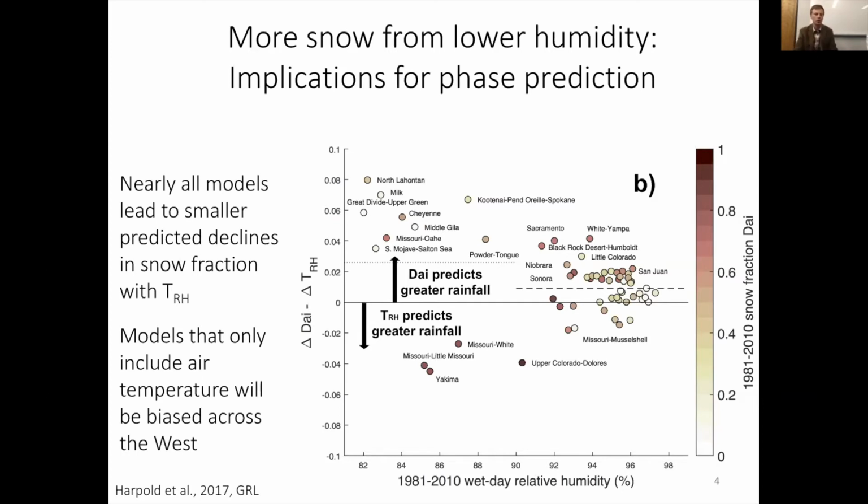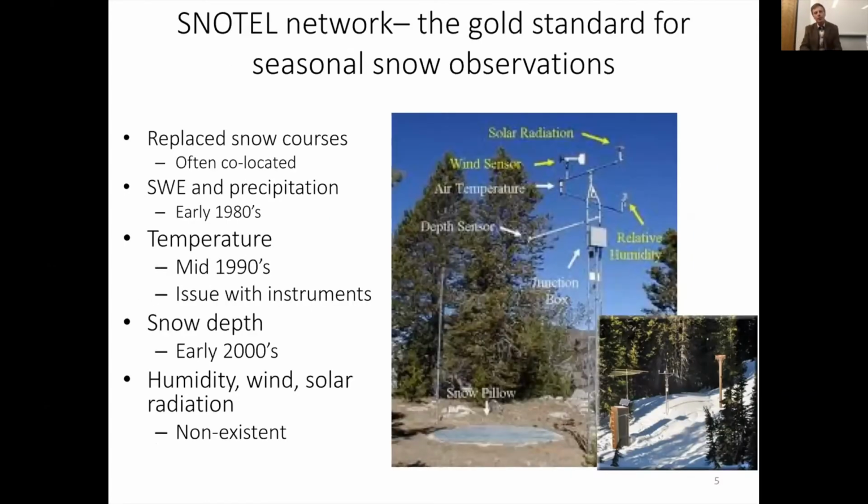So you see the general tendency is for this humidity to buffer changes from snow to rain. And so if we're not including that, we're going to have potentially some biases, and those biases are very much not random. They're driven by humidity distributions. So that's kind of vignette one about snow accumulation.